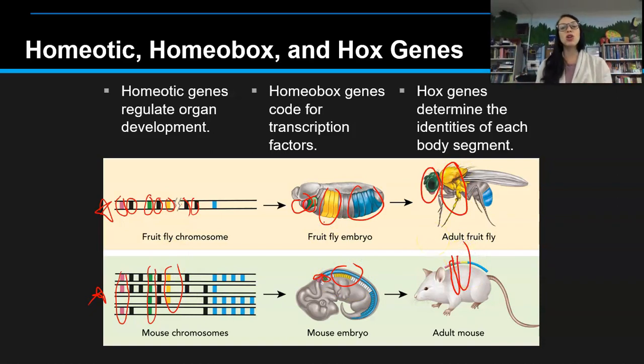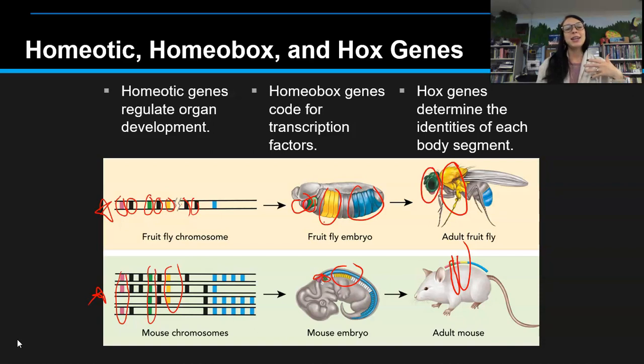So these Hox genes determine the identities of each body segment. These are present in humans too. If you follow these gene patterns, they're the reason why your head's on your head and your eyes are where your eyes at and your arms where your arms at. A biologist by the name Edward B. Lewis did a lot of research with these.